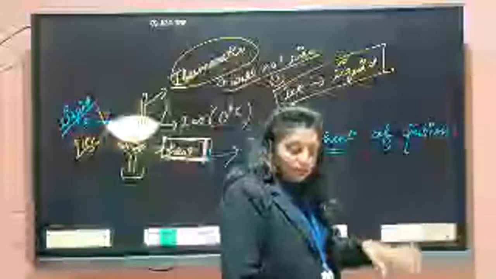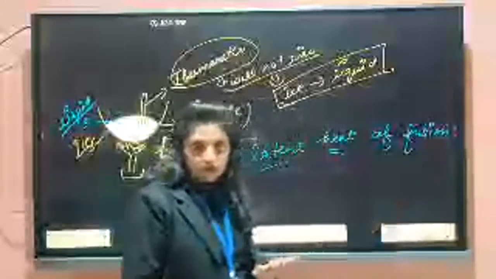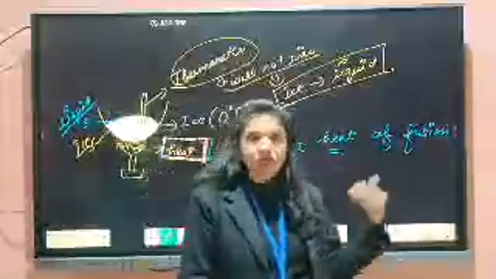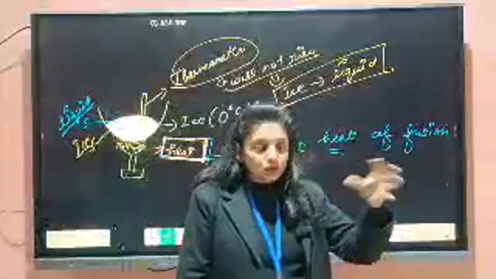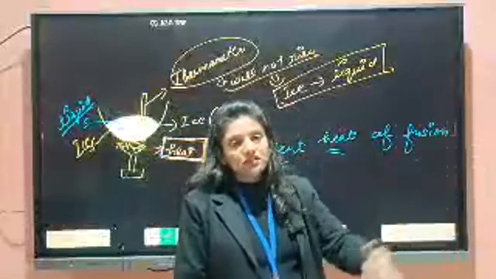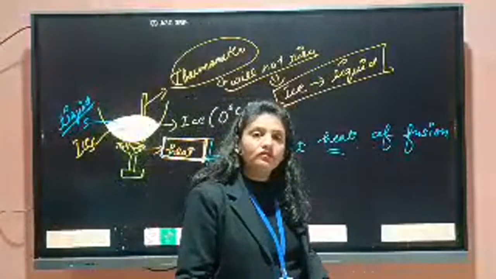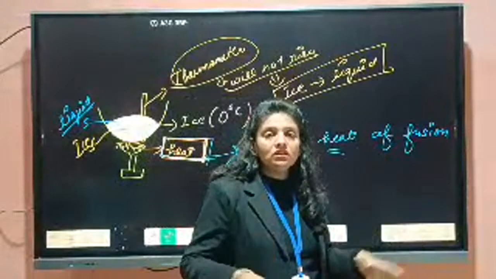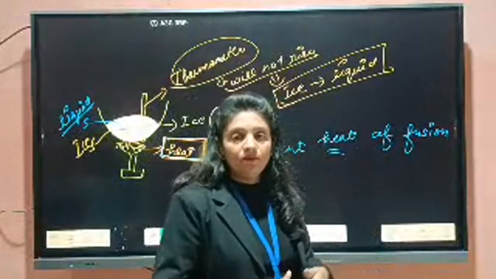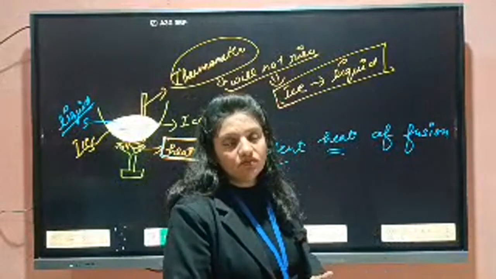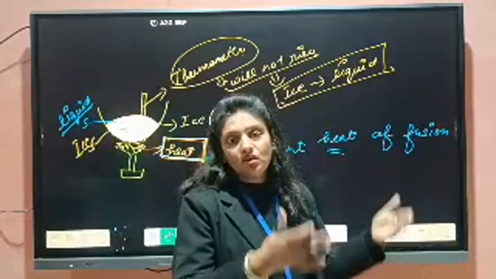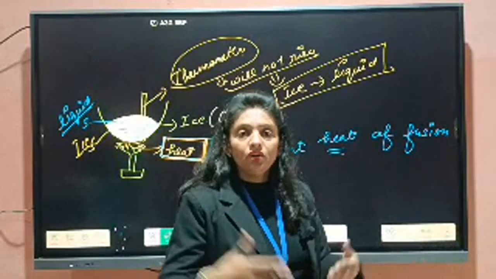If you are converting liquid into vapor, then the process is known as vaporization. So the amount of heat required for conversion of 1 kg of liquid into vapors is latent heat of vaporization. So students, in this way you can explain latent heat of sublimation, which is required for conversion of 1 kg of solid into gas.